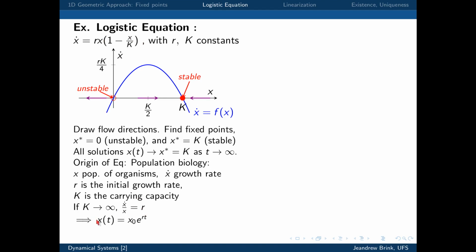So if the carrying capacity is large, x of t is simply going to obey this equation, and if you integrate it, you have x equals x0 e to the rt, which is exponential growth, which everybody is so afraid of. But the truth is, any animal, virus, or even bacteria that reproduces and starts growing from a small population is going to have exponential growth, and it is going to have an R value.